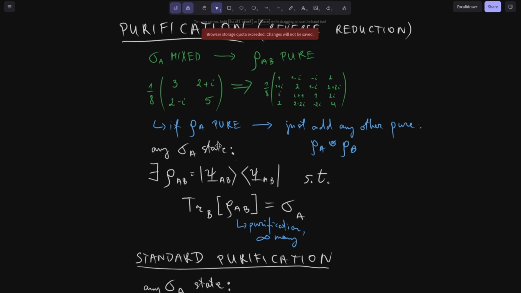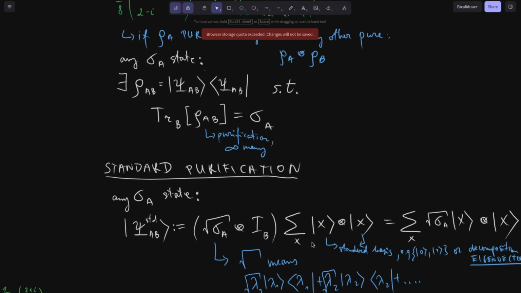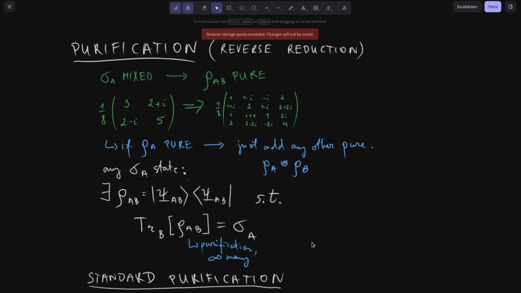We can get some kind of pure state, of which the reduced state is our state that we have right now. And this pure state from which the reduction can happen is called the purification. And we have infinitely many of those. So keep that in mind. We're not gonna calculate infinitely many of those.